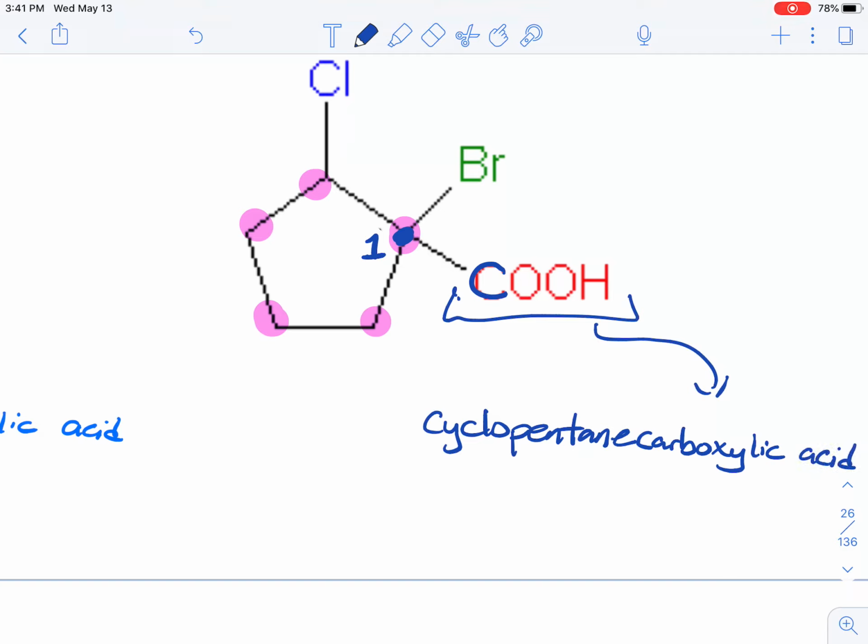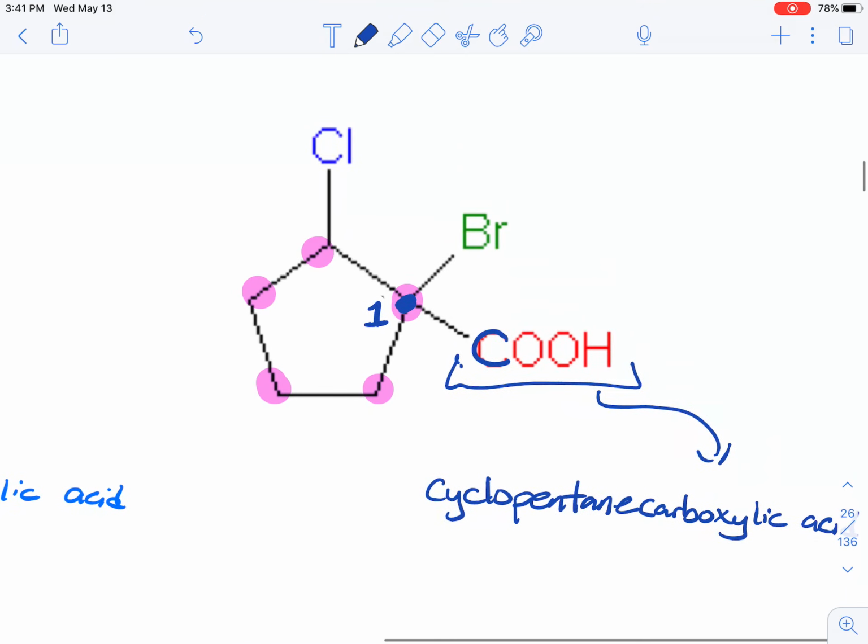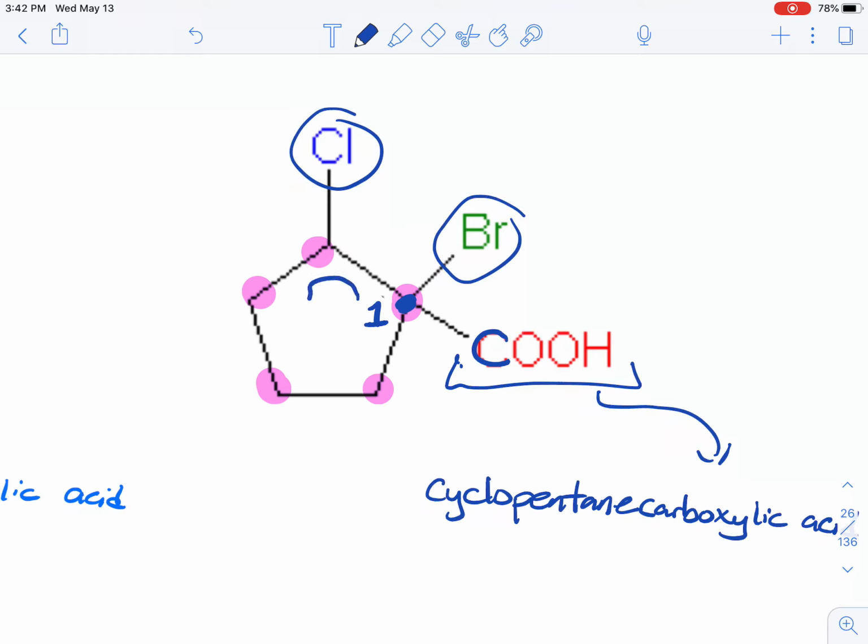So now that I've described my parent ring and my functional group, I'm going to go ahead and describe my substituents. And so it would only make sense for us to number our ring counterclockwise. That would give the chlorine the lowest carbon number. So this is going to be carbon number 2. So bromine, since it's on carbon number 1, where that carboxylic acid is found, this is going to be 1-bromo.